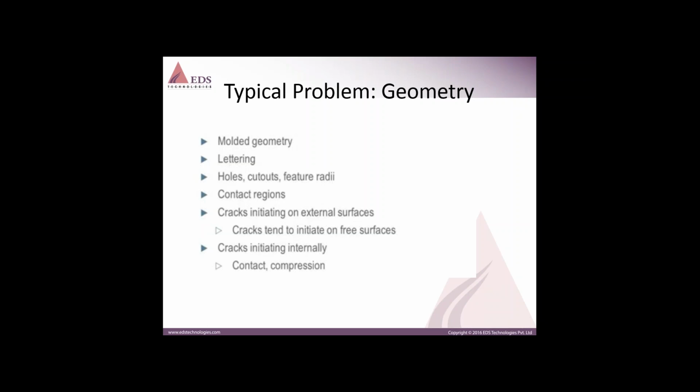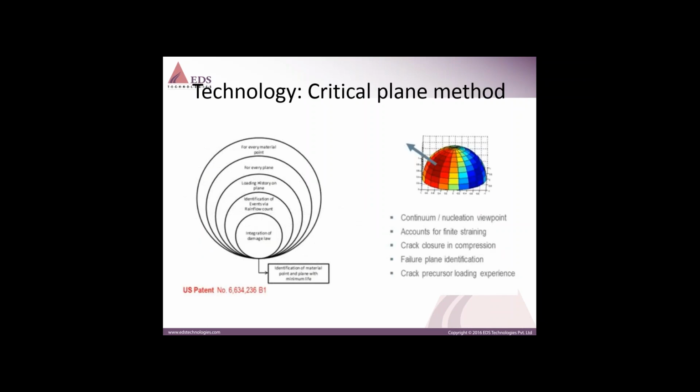The technology behind this is critical plane analysis. This is a key technology implemented by Endurica. We have stress and strain tensors available from the result database. These quantities will be resolved onto a specific plane as a function of time, and this can be used to evaluate the damage.